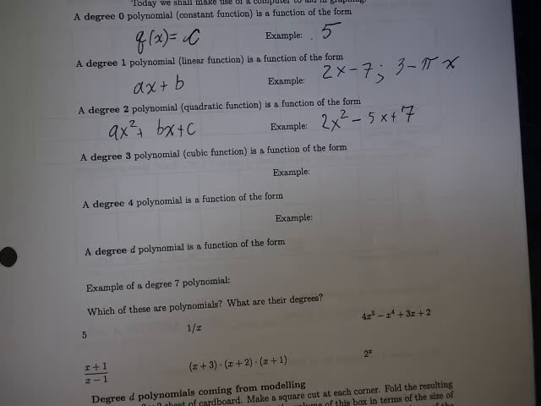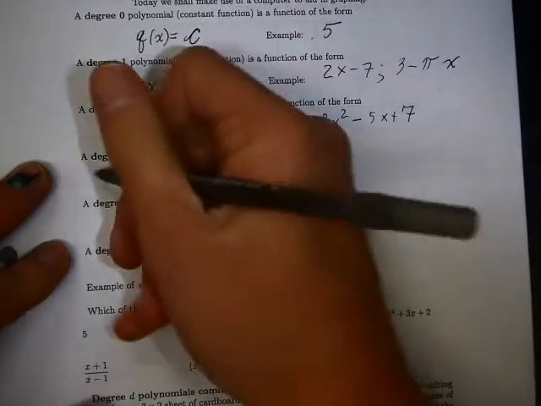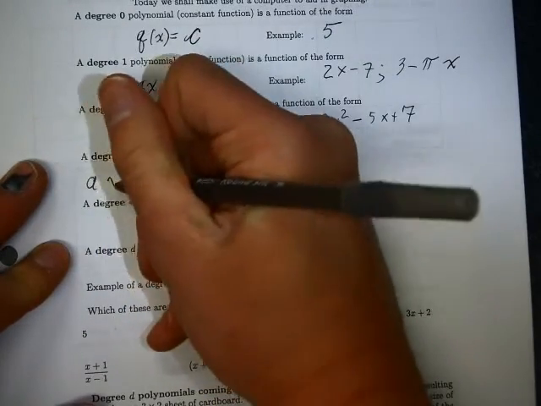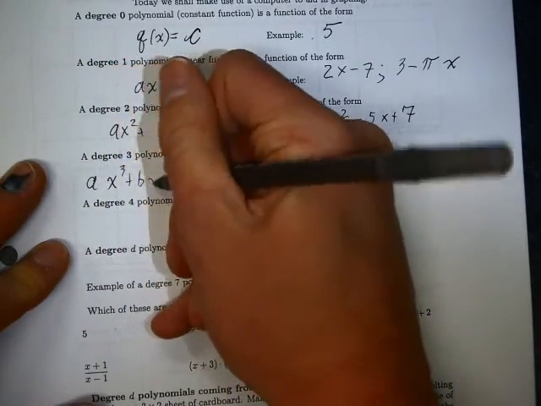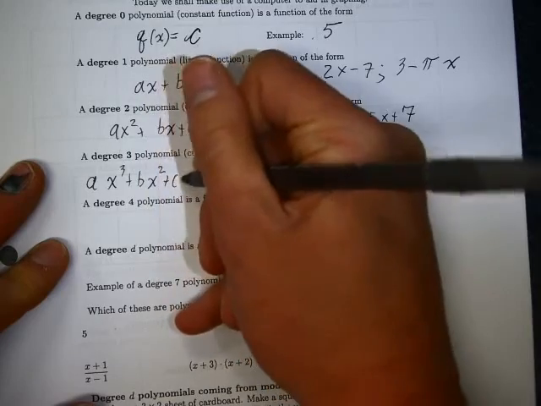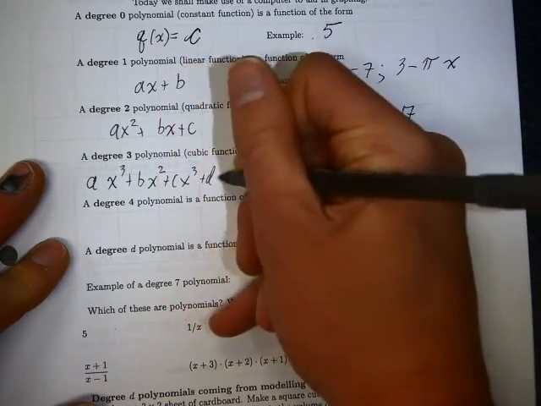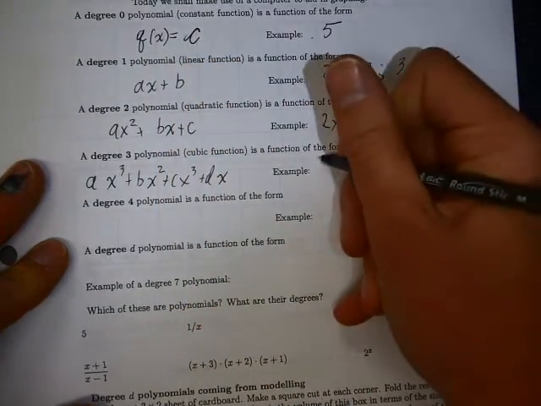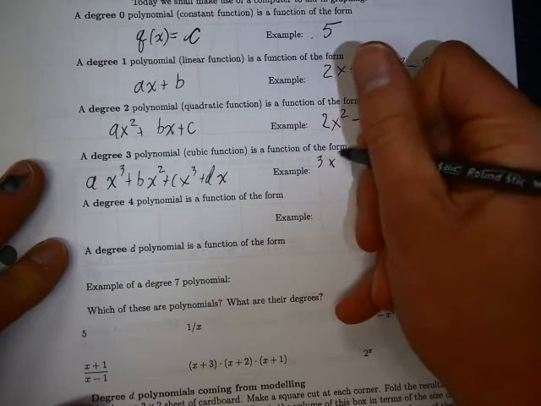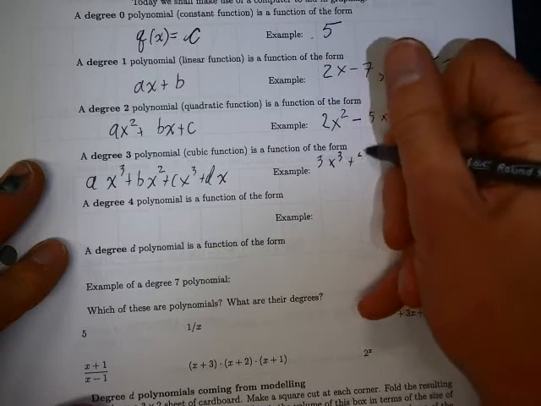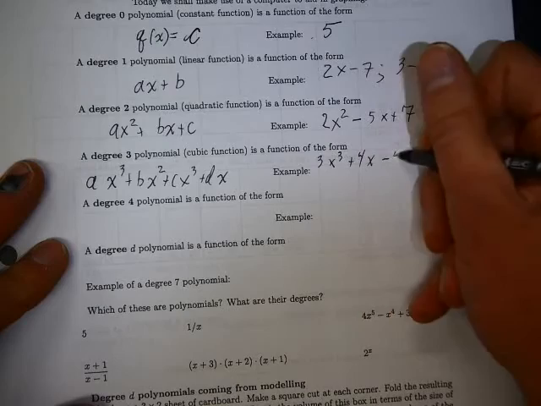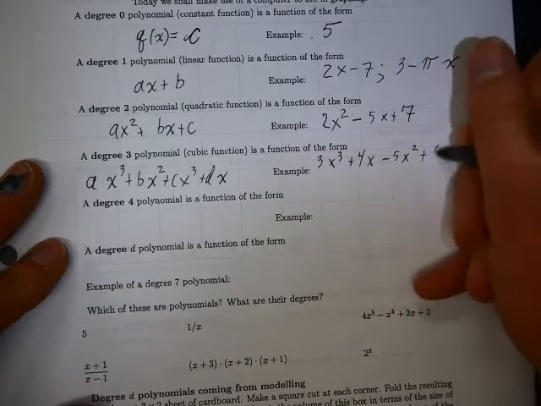It should look like that, but instead I'll start with an x cubed instead of an x squared. I'm using the letters a, b, and c because they're the first letters of the alphabet, but it doesn't matter what letters you use for your constants. Ax cubed plus bx squared plus cx plus d. For example, then, I don't know, 3x cubed plus 4x minus 5x squared plus 6.